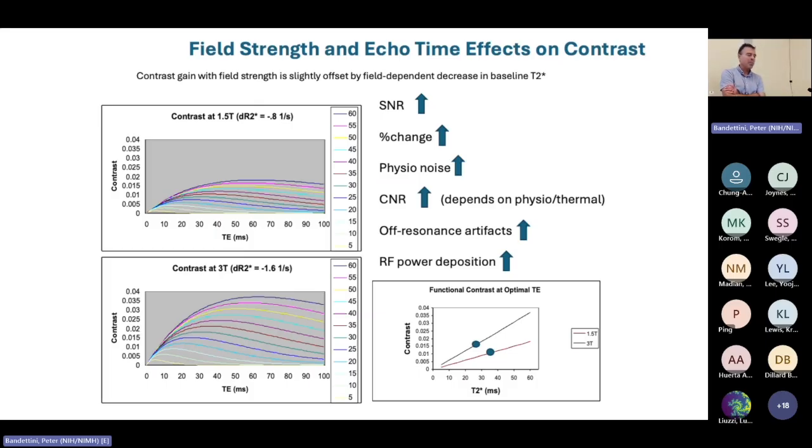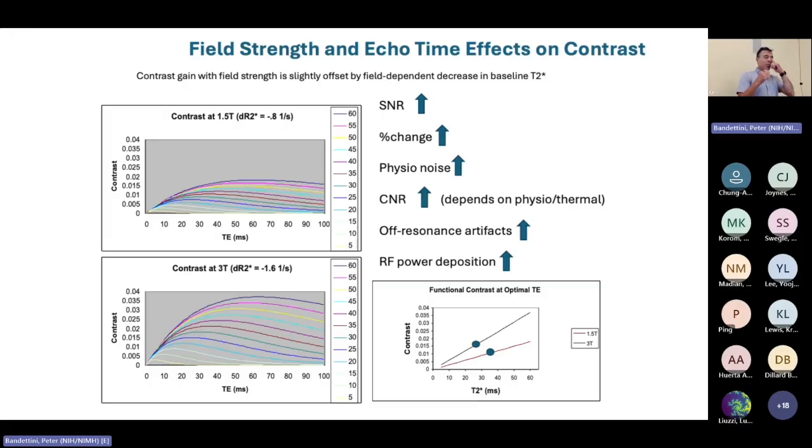All right, this is a little bit more involved, but this is basically looking at the field strength and echo time effects on contrast. So 3 Tesla is better than 1.5 Tesla. 7 Tesla is a lot better than 3 Tesla. The reason why is because the change in T2 star goes up. So when the change in T2 star goes up, then you have more contrast. One problem, though, is that at higher field strengths, the baseline T2 star goes down a little bit.